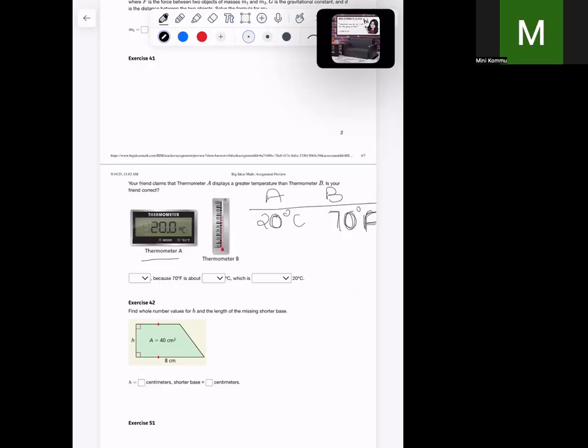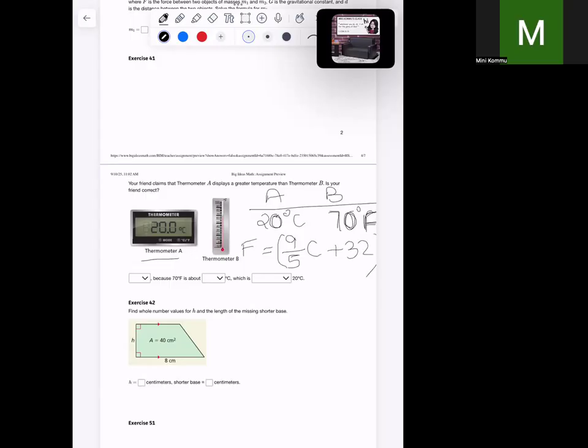Now the formula is F is equal to 9/5 times C plus 32. Okay, let me write it in one line. So this is F is equal to 9/5 C plus 32.